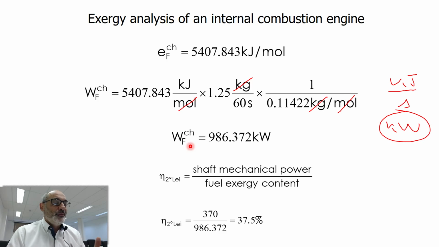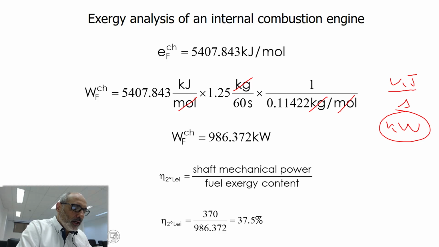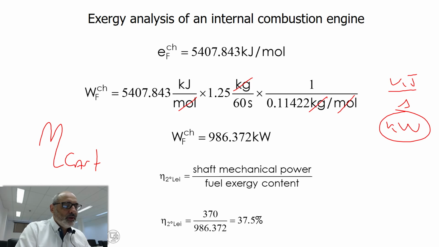Remember, this is very important. The fuel has a certain heat content. But when I want to transform this heat content to an organized form of energy, to electricity, for instance, I'm bound to Carnot's efficiency, due to the second law of thermodynamics.